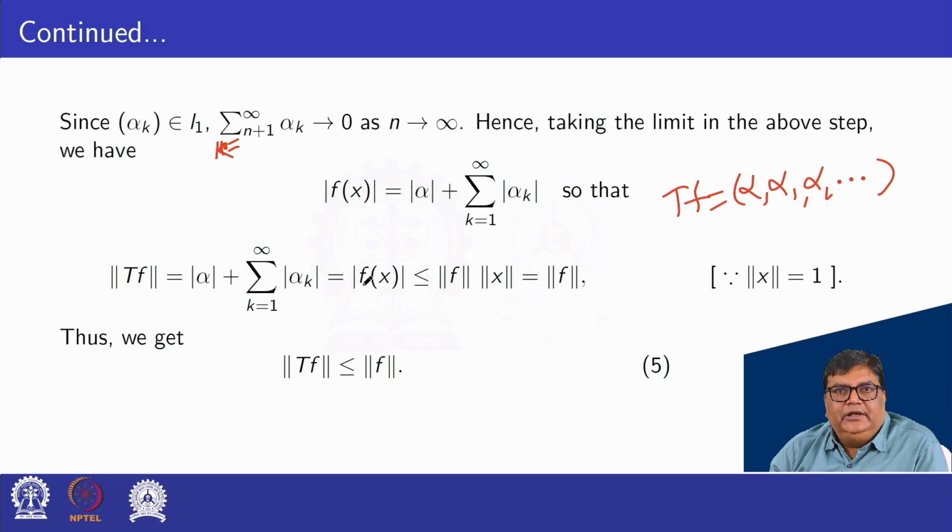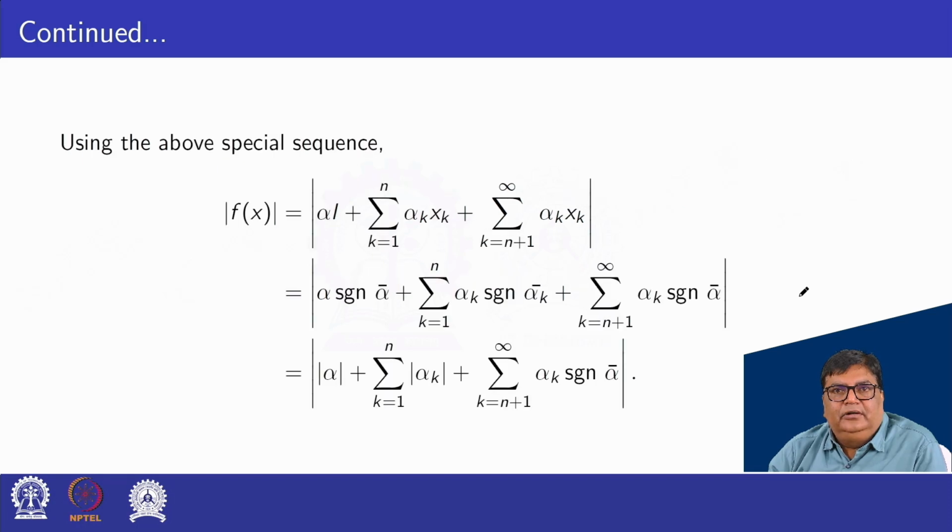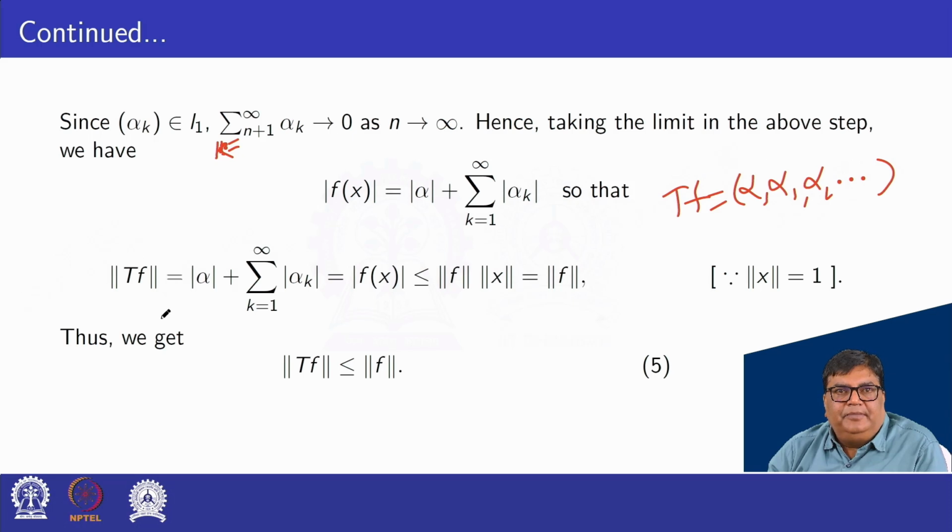Also, we know that f is a linear functional, so it can be written as less than or equal to norm f times norm x. Since norm x is equal to 1 because x belongs to c, we have norm of Tf less than or equal to norm of f, equation 5.